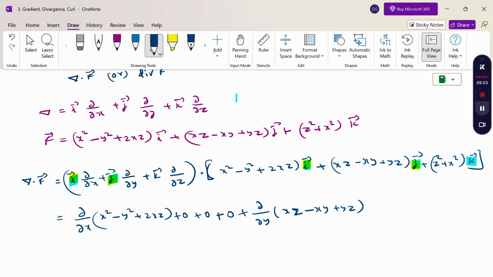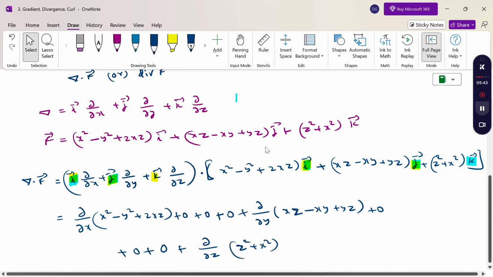Then j dot k is 0, k dot i is 0, k dot j is 0, k dot k is 1, dou by dou z of (z square plus x square).